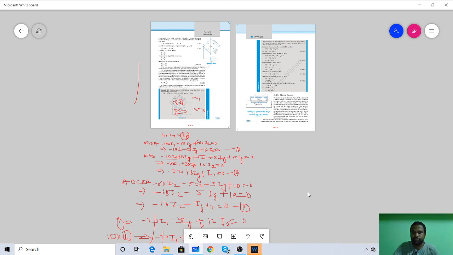We have used both the junction rule and loop rule of Kirchhoff's rules here. So you can solve many questions for different competitive examinations and other examinations. Okay, thank you. We'll discuss some other question in the next class. Thank you.